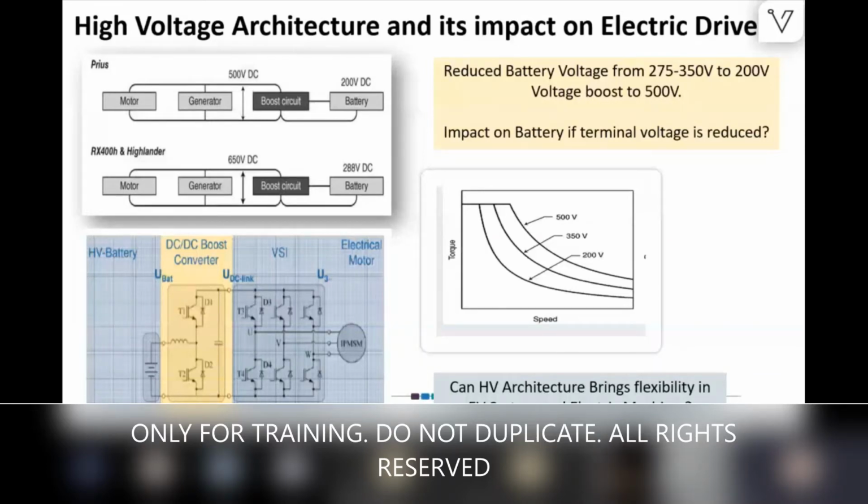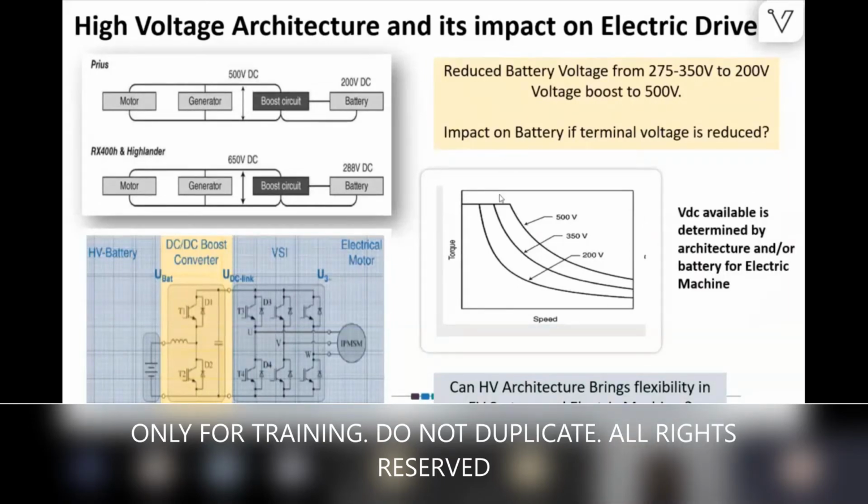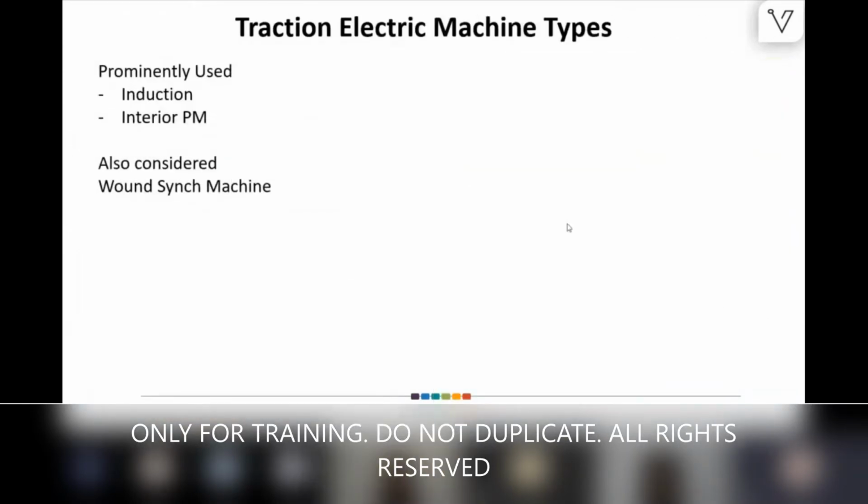There are a lot of elements to architecture flexibility and its impact on the electric drive. This is just to give you an idea. If you are interested in a deep dive into these individual topics, we will go through them at a later stage. So VDC available is very important, and architecture is another consideration on the drive side.